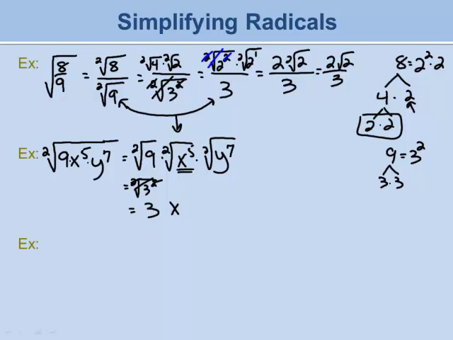And the answer is no. So decrease that power by 1 and say, if 2 won't go into 5, will 2 go into 4? And the answer is yes. So we're going to rewrite x to the 5th as x to the 4th times however many x's we need to get back up to 5, which would be 1. 4 plus 1 is 5.